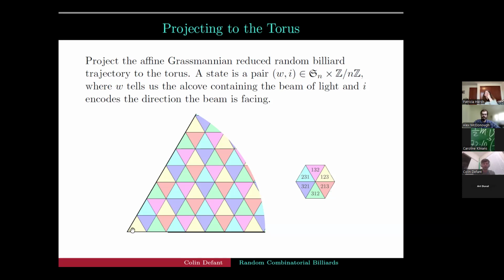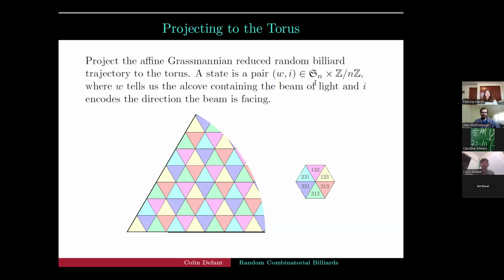And the reason is, well, imagine I have my affine Grassmannian reduced random billiard trajectory, which is some beam of light that's sort of bouncing around in the fundamental chamber here. And at each point in time, I project down to the torus. So I get this projected beam of light that's sort of bouncing around in the torus in some random way. Well, at each point in time, I want to keep track of where in the torus is my beam of light.